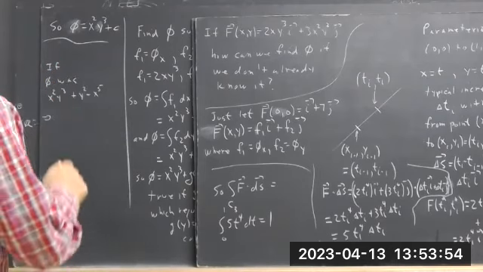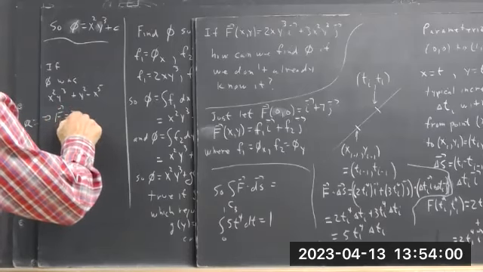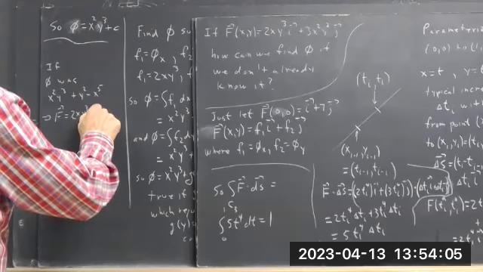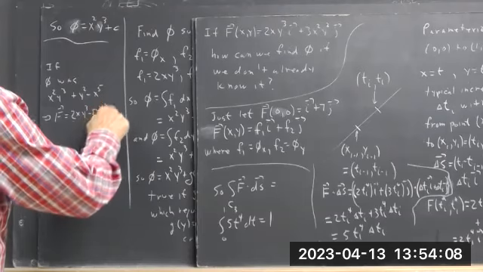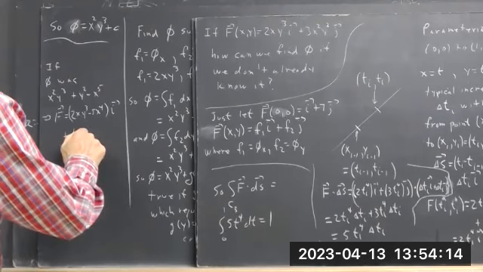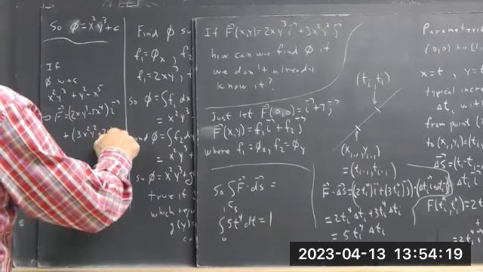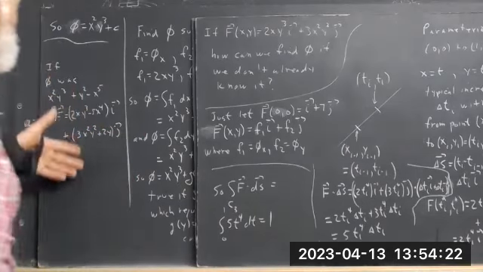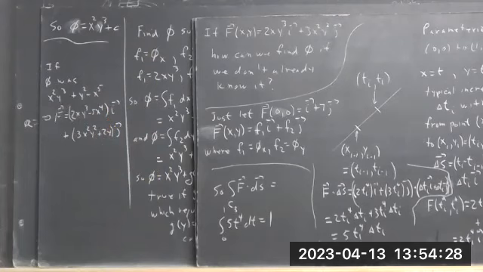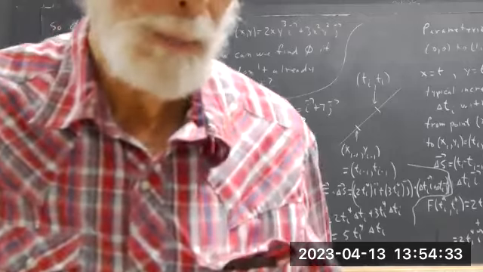If phi was this, then F would be 2xy cubed minus 5x to the fourth i plus 3x squared y squared plus 2y. Okay, and our integrals would have gotten us back to this, plus maybe some constant. Make sense? Again, that should be familiar, and that part of the operations should give you no trouble.